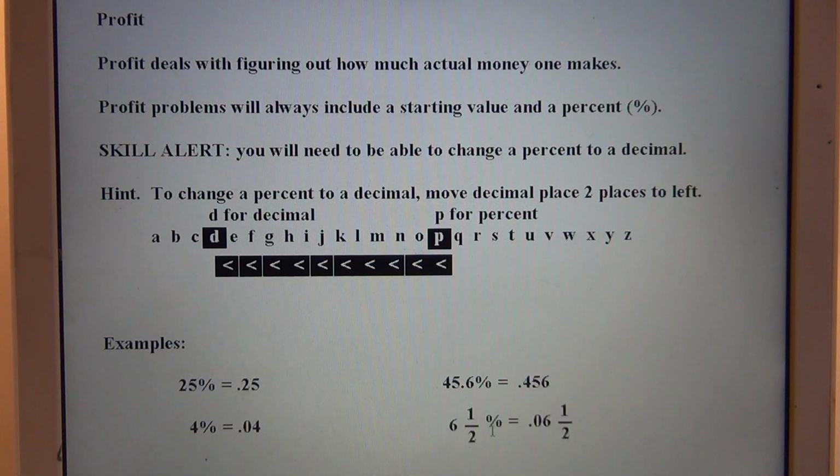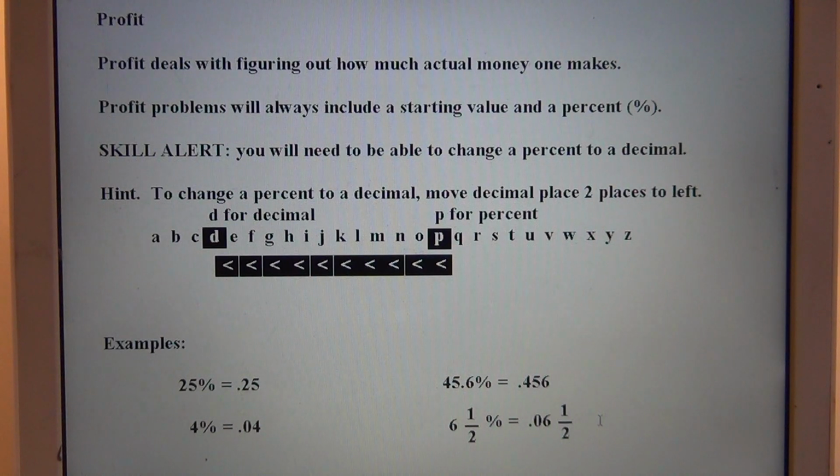Last one. 6.5% to a decimal. Well, I have to move the decimal 2 places to the left, so there is a decimal point right here by the 6. So if I move it 2 places, 1 place, and I have to put a 0 in to hold it, and there's my second place, and it would be 6 1/2 hundredths, or 0.06 1/2.